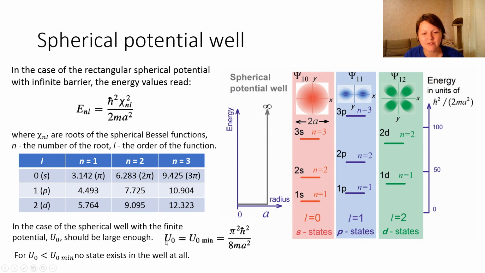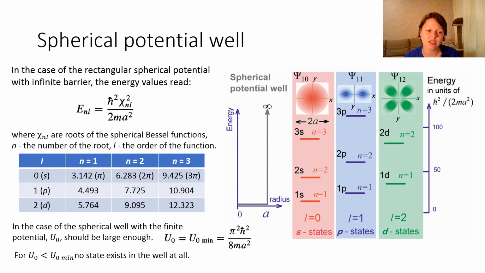And this value is really very high. So it means that if we have a particle with a potential energy equal to this minimum, then we will have only a single energy state that can exist within the well. But if a particle has a potential energy lower than this minimum, it means that no state can exist in the well at all.